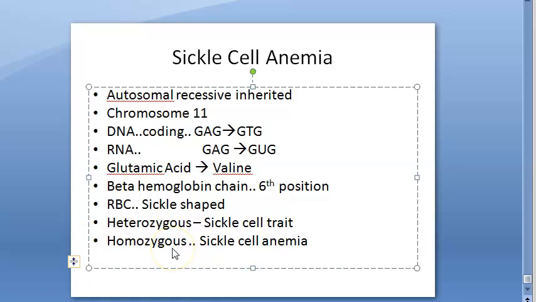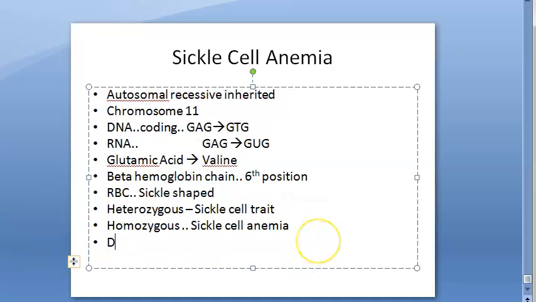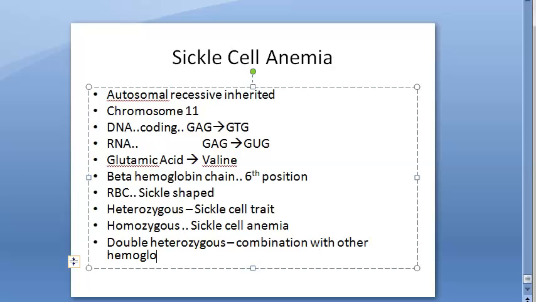Double heterozygous states will be sickle cell disease. What is this double heterozygous? It means a combination of this condition with other hemoglobinopathies. Then it will be called sickle cell disease.